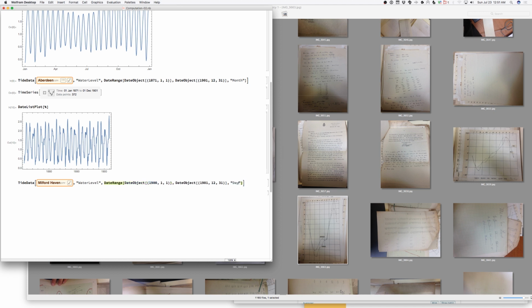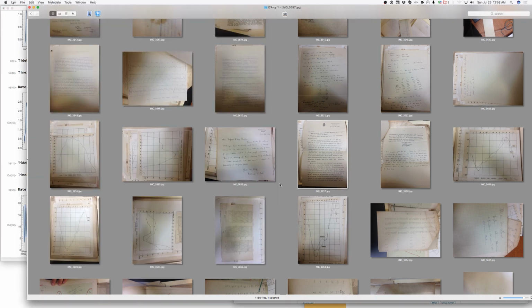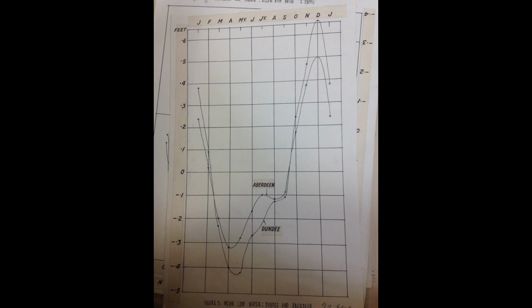Let's do the daily computation there. Okay. Now let's compare it with what he was showing here. Well, whoops. Okay, well, that was different. Sorry, that was a different piece there.